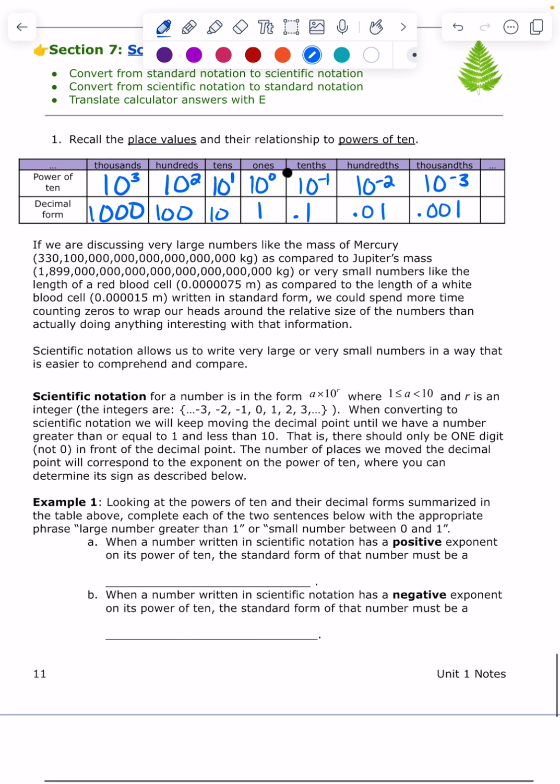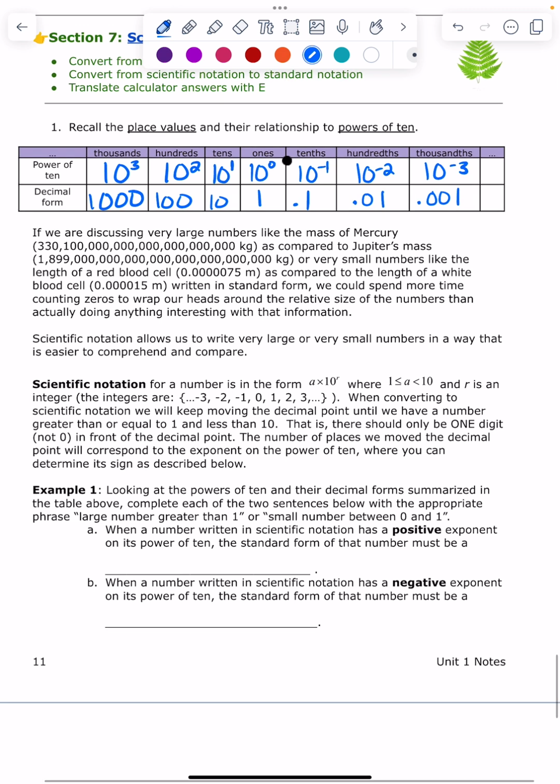So the key takeaway with scientific notation is that you're going to write it so that the beginning part is a number between 1 and 10. It can equal 1, but it can't equal 10.